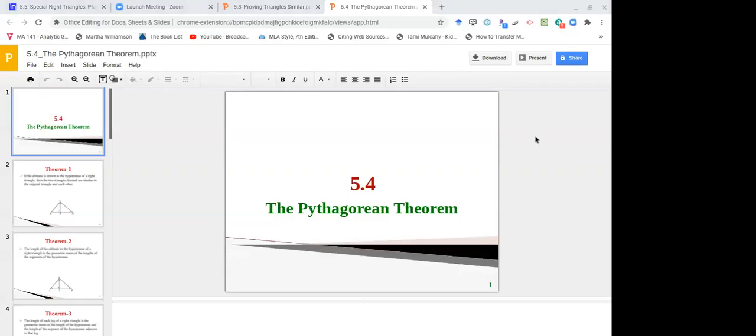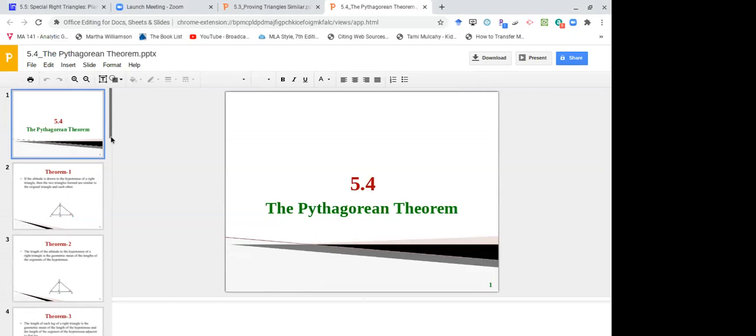And if you've taken algebra, if you remember your algebra, you will remember the Pythagorean theorem. You might not remember the name of it, but you will most likely remember this theorem. It only applies to right triangles, and we've talked a little bit about it already, and you already know something about it. But let me show you what's in this section here.